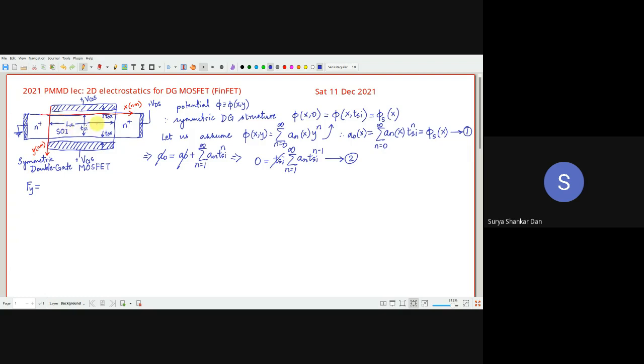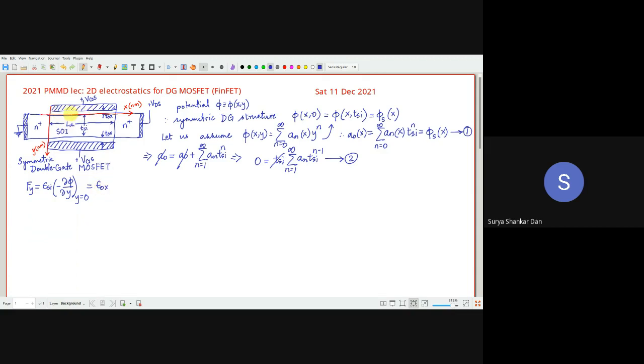So the Fy field, I am not considering the direction, only the magnitude, will be equal to, inside the silicon layer, epsilon Si times minus d phi dy at y equal to 0. Remember, I am speaking about the top surface, so it is y equal to 0 here. And how about the oxide? What is the field over here? Because we are speaking about the continuity of the electric flux on this surface, it will be equal to epsilon Ox times the voltage across the oxide.